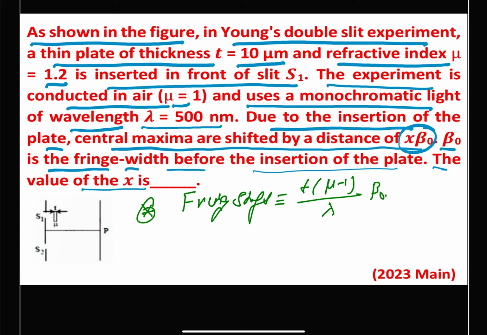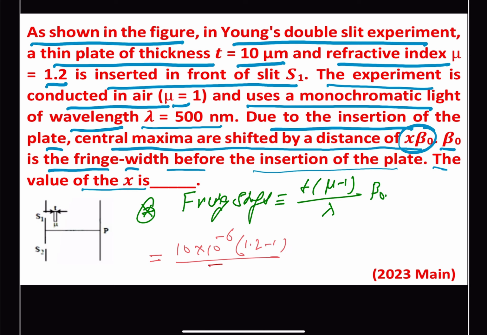Mostly it's written b, but here specifically it is written b0, so we have written b0. Okay, and we know all the values, so we substitute. t is given as 10 micrometer, 10 to the power minus 6. Refractive index is given to us as 1.2 minus 1.